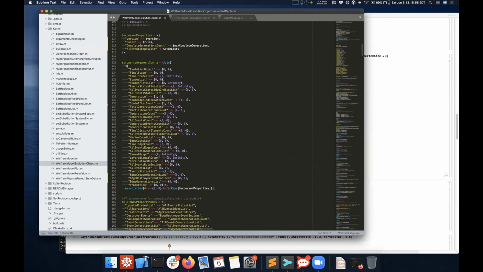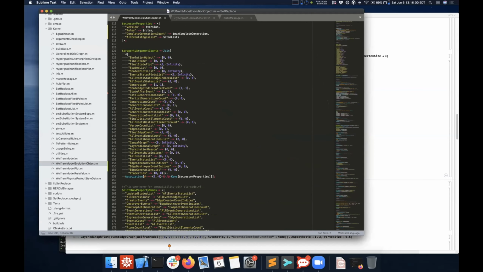Okay, here's a list of all names I have. But there's edge count list, for instance. Yeah, but there's event states list, which is exactly analogous to this. So what we want is edges events graph.